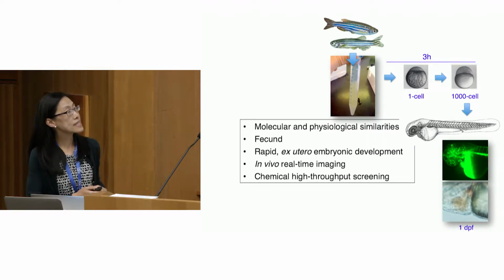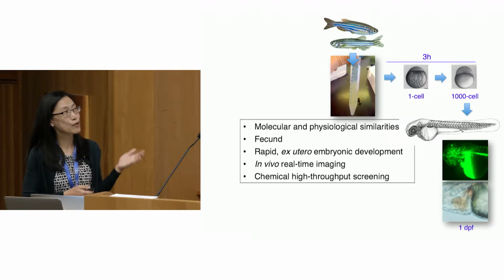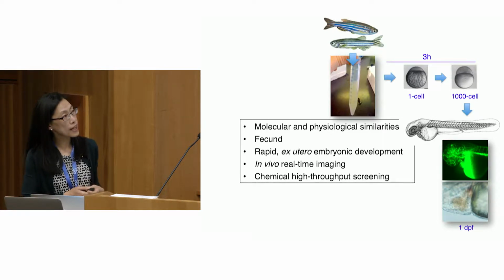So once the zebrafish eggs hit the water and become fertilized, within the first 3 hours, these embryos have gone through 10 cell divisions. So their development is really fast.